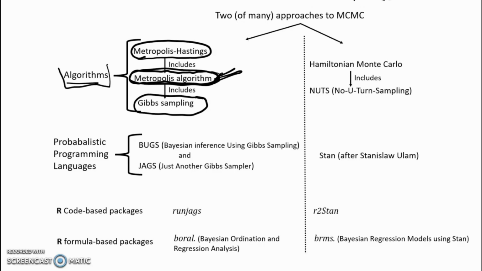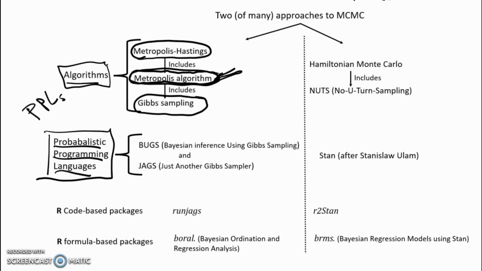So we've got these algorithms, and these are the steps that we use to get some sort of a goal, which in this case is to calculate the posterior. But we need to communicate with a computer, and we communicate with the computer with some sort of a computer language. In the case of Bayesian data analysis, we're going to think about these as being probabilistic programming languages, or PPLs, because we're dealing with probabilities, we're dealing with distributions.